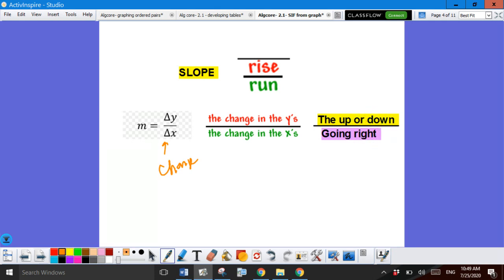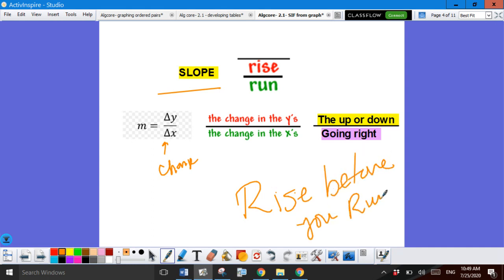Now with slope, you have to rise before you run, okay? And you have to fall before you crawl. That means we're going to go up or down first before we move to the right.